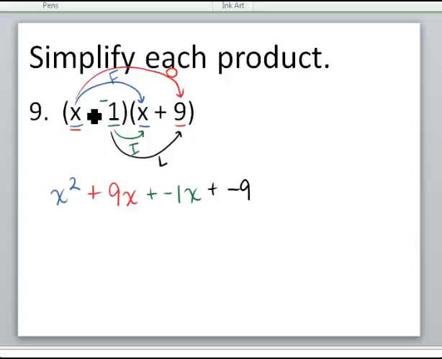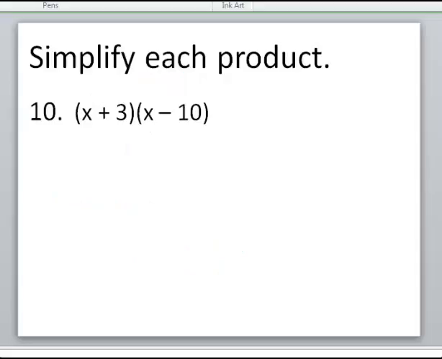Really, again, all we're doing is taking the first term and distributing it to the second set of parentheses, then taking the second term and distributing it to the second set of parentheses. So we're doing two sets of distribution. The last thing we can do on these problems is we do end up with like terms. So my final answer is going to be x squared plus 8x plus -9.